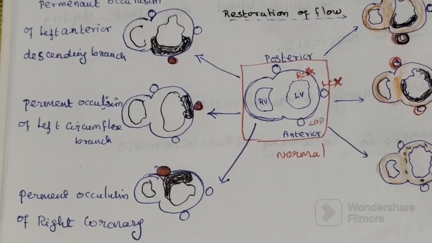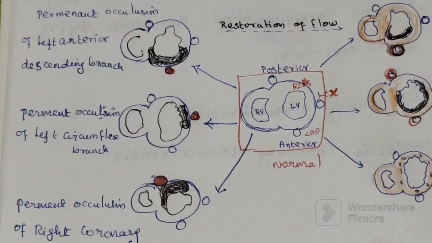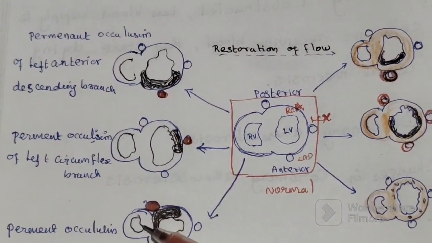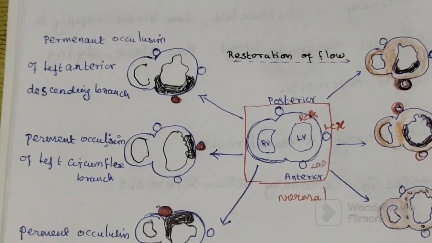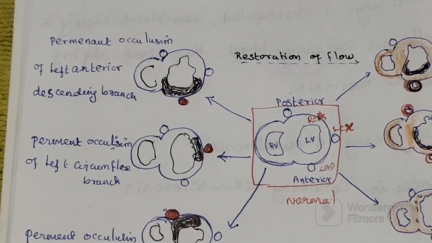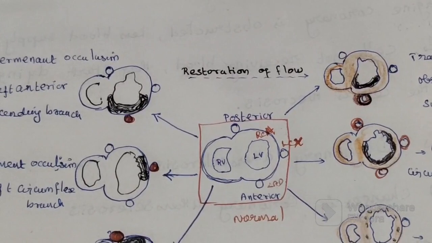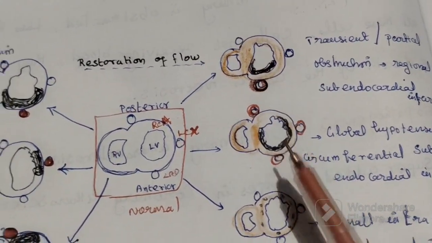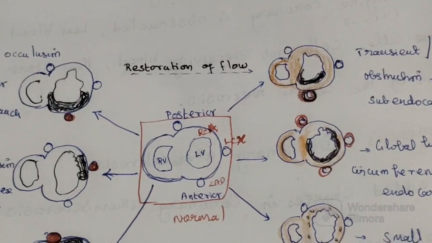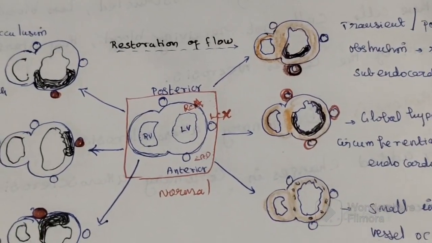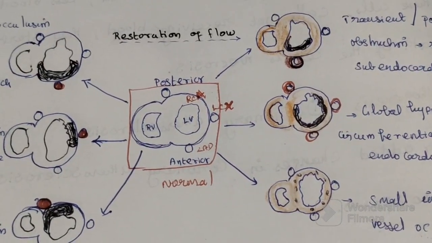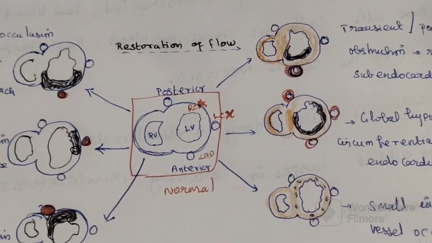You can see complete obstruction gives full thickness involvement. Now you can see the same with partial obstruction in LAD, LCX and RCA.